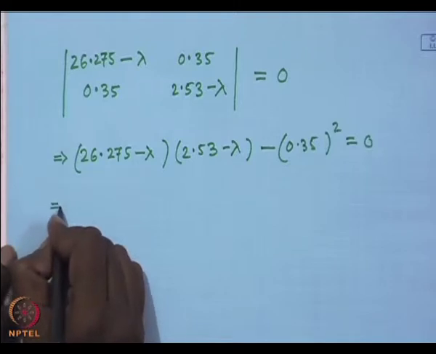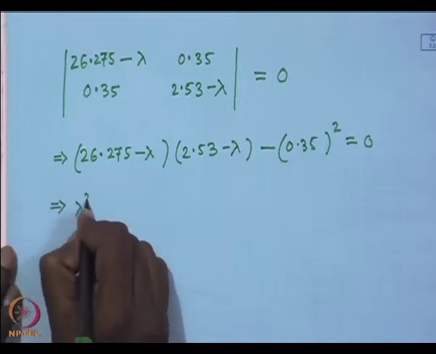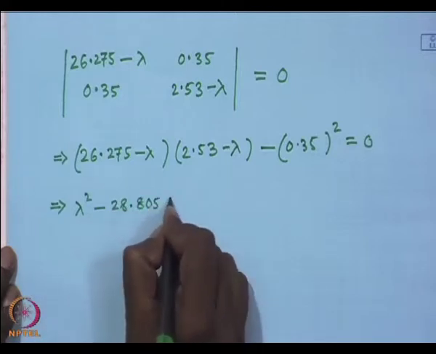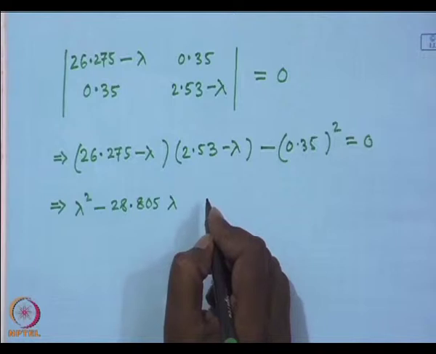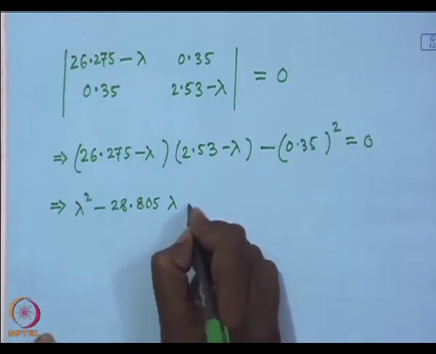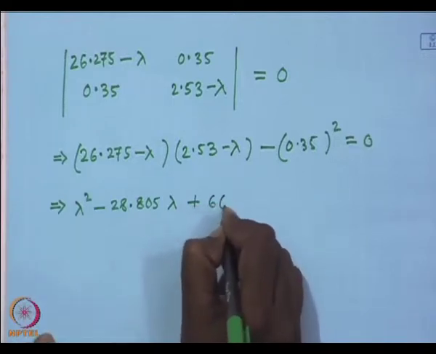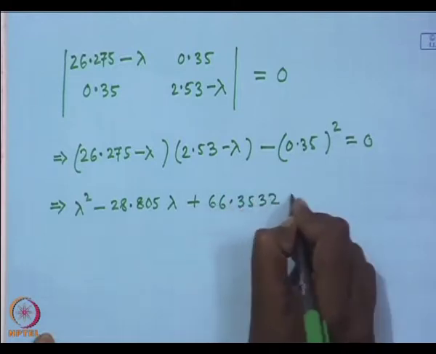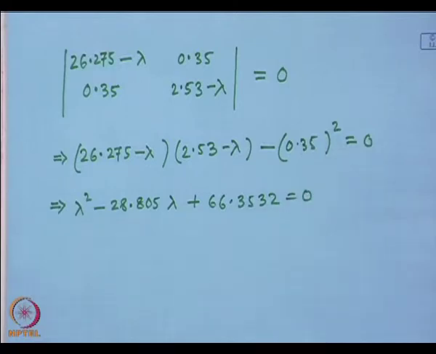which is reduced to lambda square minus 28.805 lambda plus 66.3532 is equal to 0. So, here you find that I get a quadratic equation in terms of lambda, where lambda is an eigenvalue of the covariance matrix.